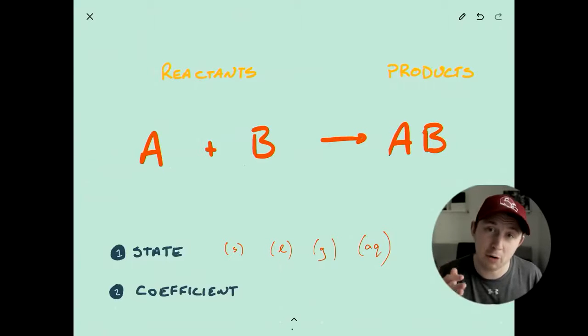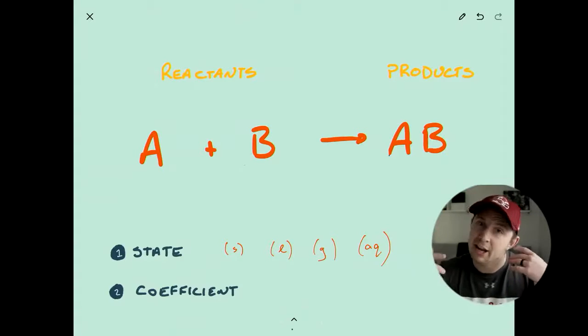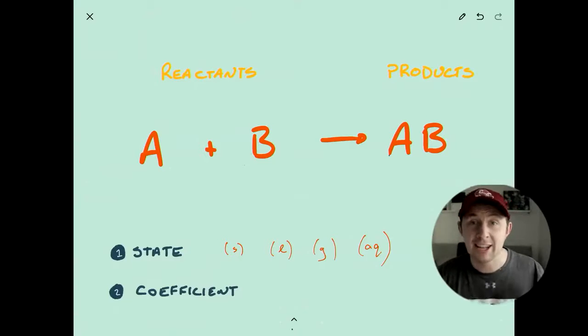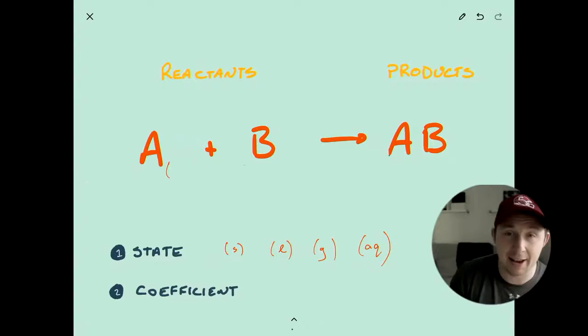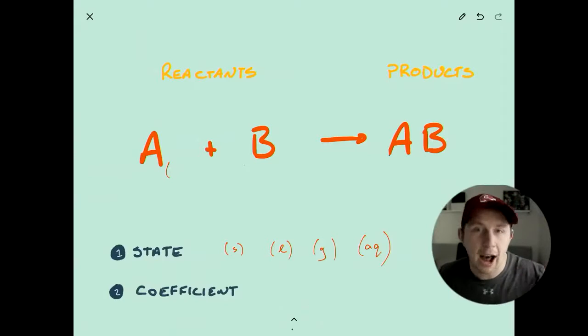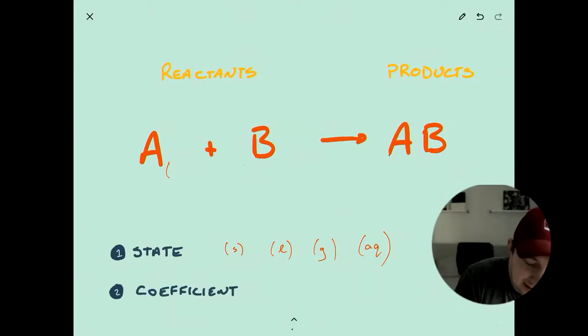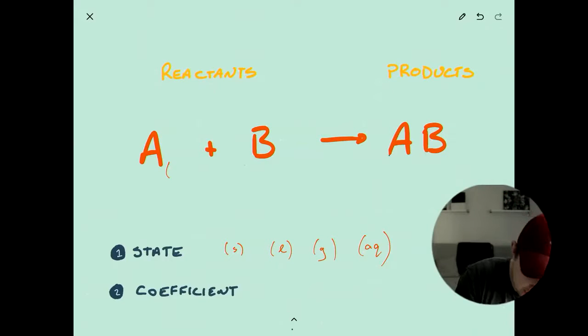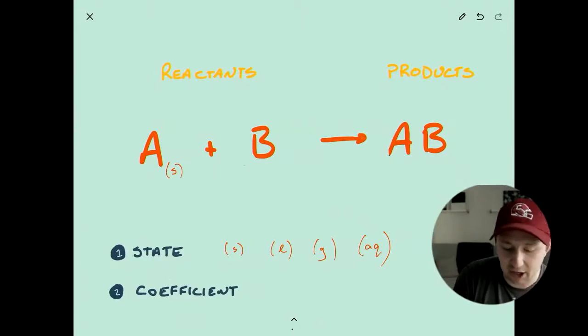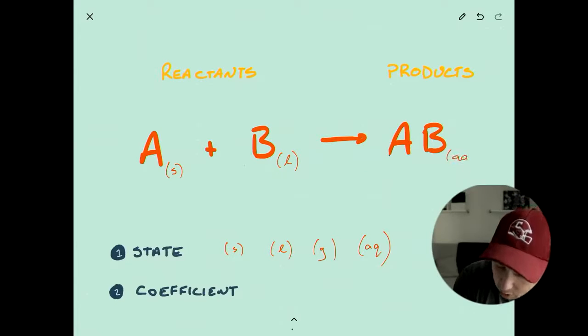And so every reactant or product in our chemical formula needs to have a state. In the next video, we'll talk about how we determine what the states are. But the states always get written down to the right of the compound in subscript. So let's just call that a solid, let's call that a liquid, and let's for fun call this one aqueous.